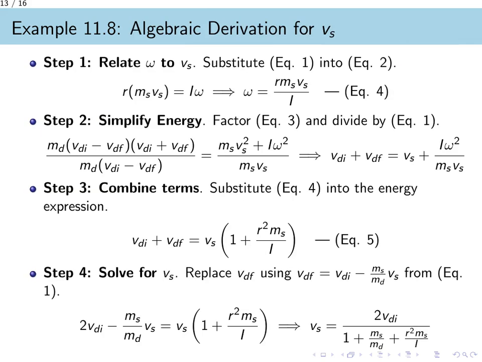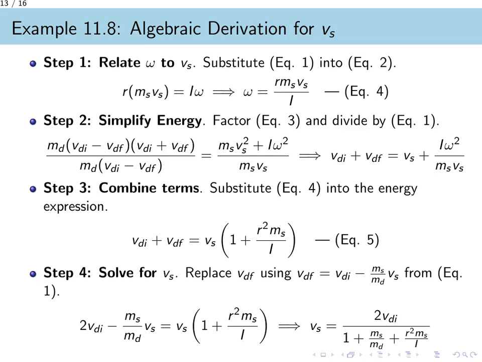We will now walk through the algebraic strategy to solve for the final translational speed of the stick, denoted as v sub s. Since we have three unknowns, the final speeds of the disc and stick plus the stick's angular speed, we must solve our three conservation equations simultaneously.